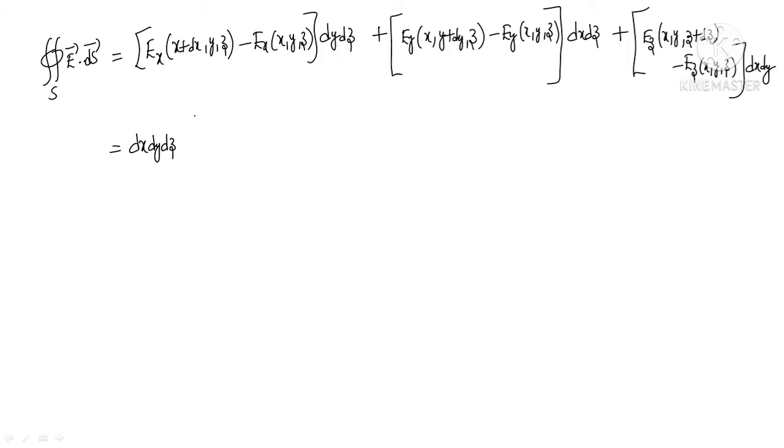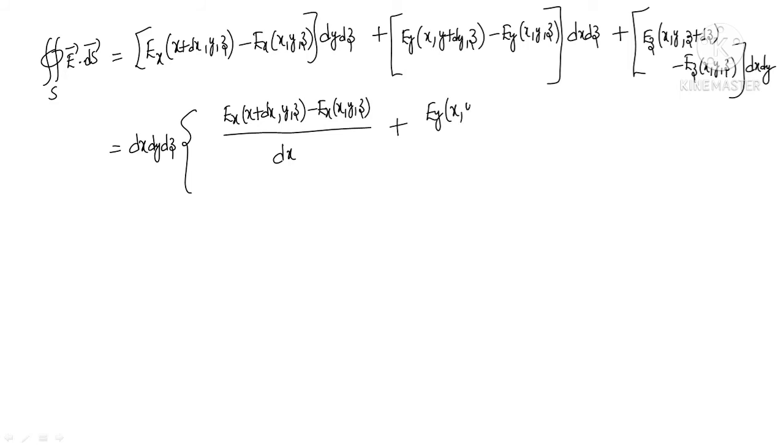If I take the product of dy dz as common, you are left with this term: Ex evaluated at x plus dx, y, z minus Ex evaluated at x, y, z, divided with dx. Is it right or not? Plus, what is the expression which you will get?